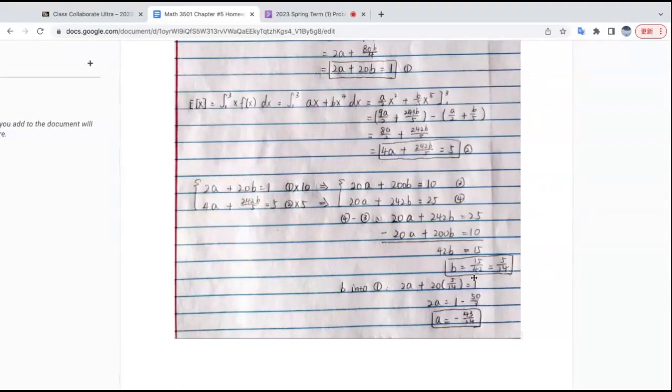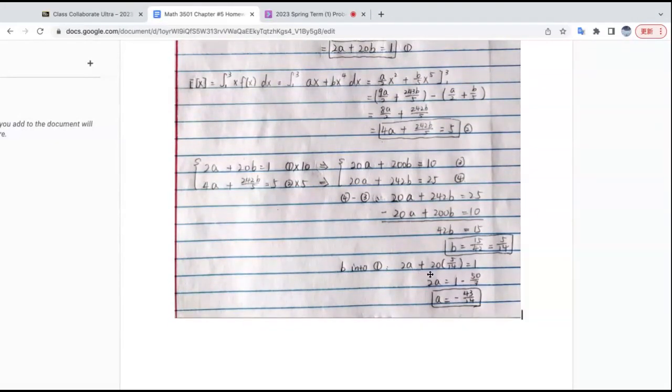So b is equal to 5 over 14. Plug b equal to 5 over 14 into equation 1: 2a plus 20 times 5 over 14 is equal to 1. Then we find a is equal to negative 43 over 14.